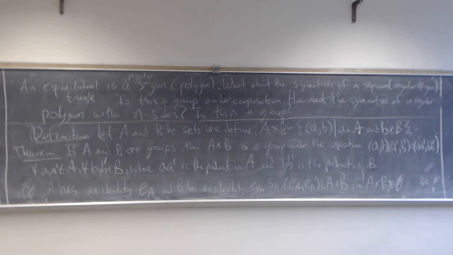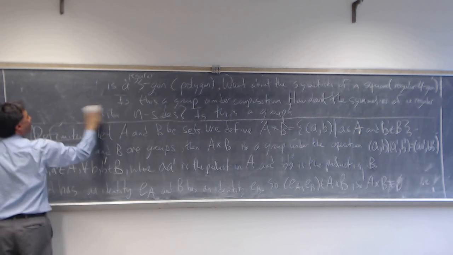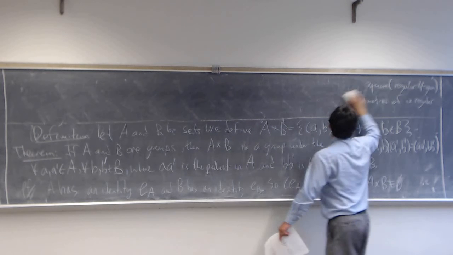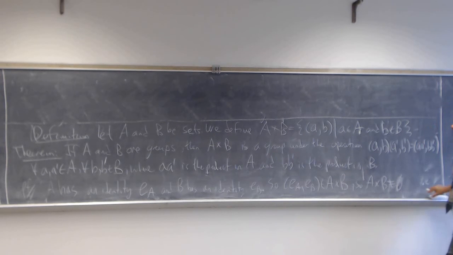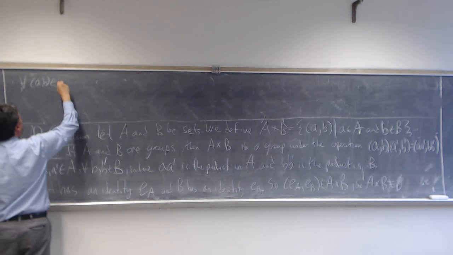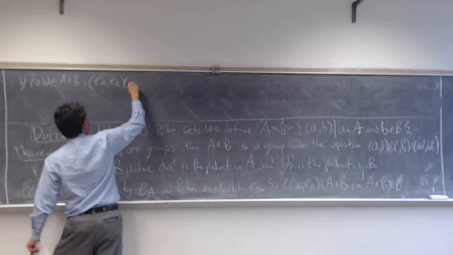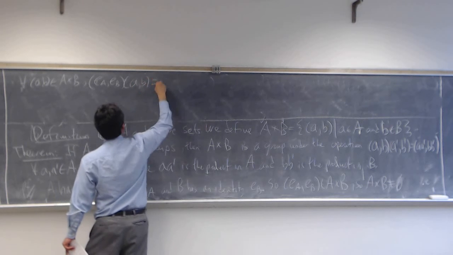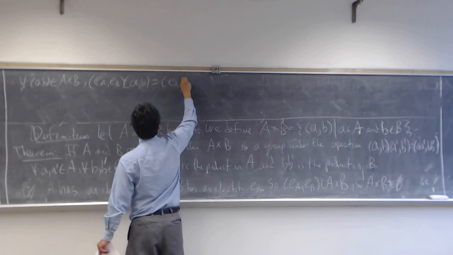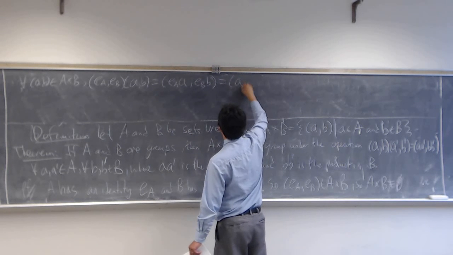Now let's show the identity property. So for all (a, b) in A cross B, if I look at that element I just discussed, (e_A, e_B) times (a, b), that equals (e_A times a, e_B times b), but that's just (a, b).